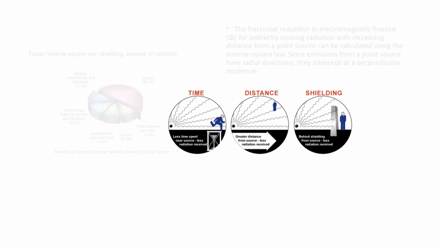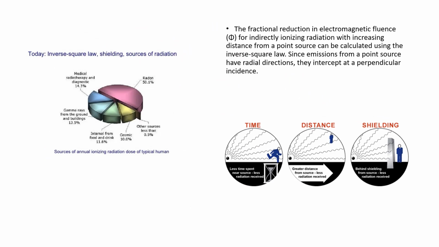Distance from the source of the ionizing radiation affects the intensity. This is calculated using the inverse square law. The farther the distance from the source, the less the intensity of the radiation.